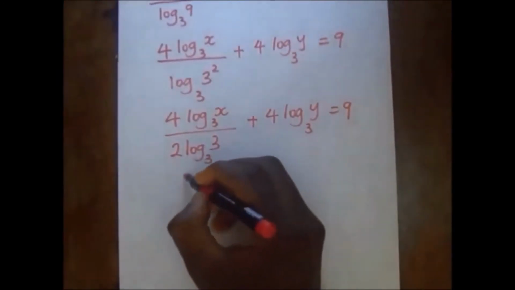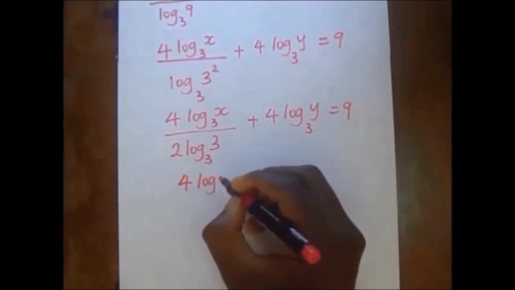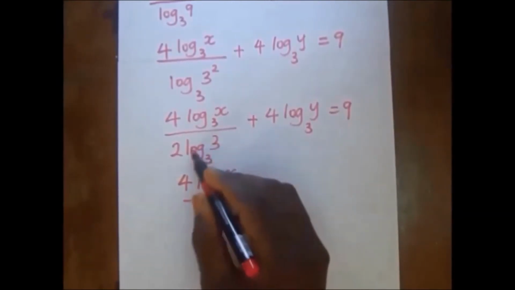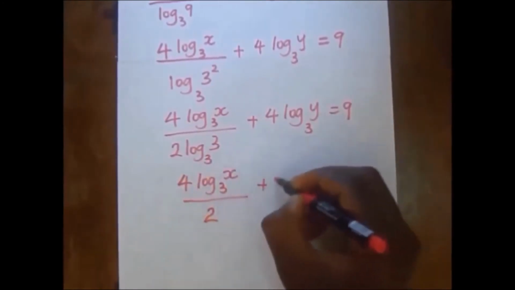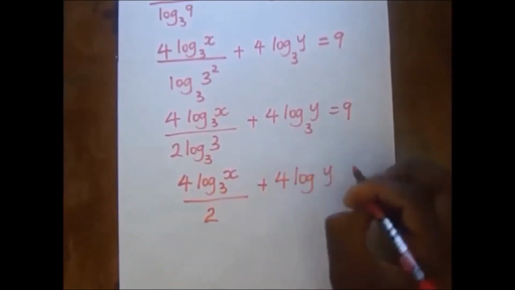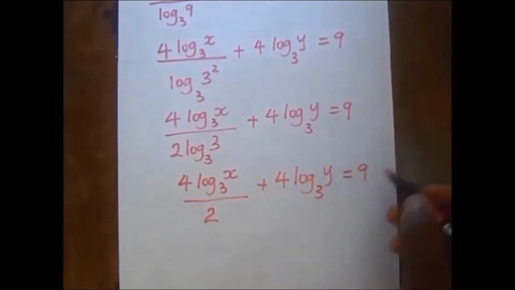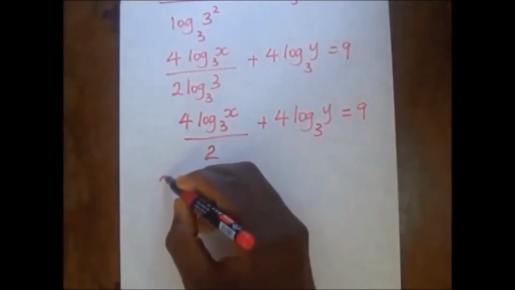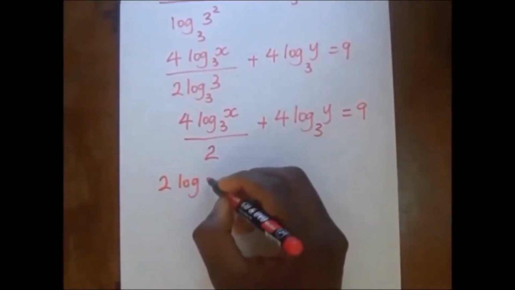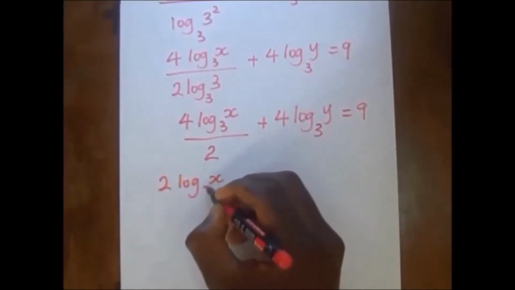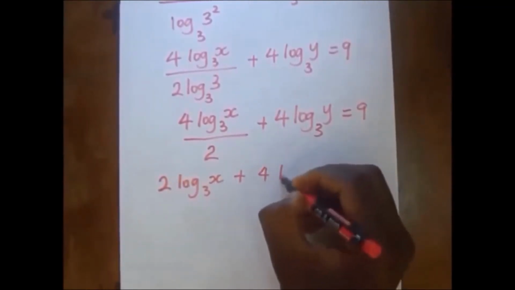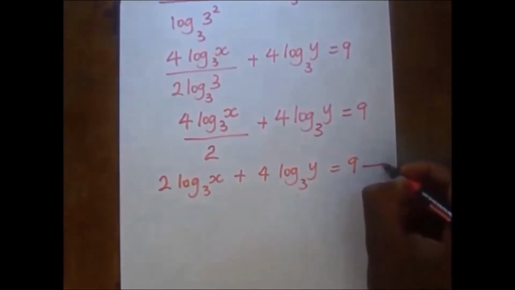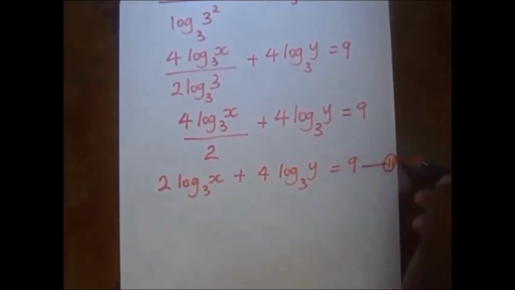So we end up with 4 the log of x base 3 over, this is going to become 1, so 1 times 2, which is 2, plus 4 log of y base 3 is equal to 9. By 2 once, by 2 twice, it's going to become 2 log x base 3 plus 4 log of y base 3 is equal to 9. That is our second equation.